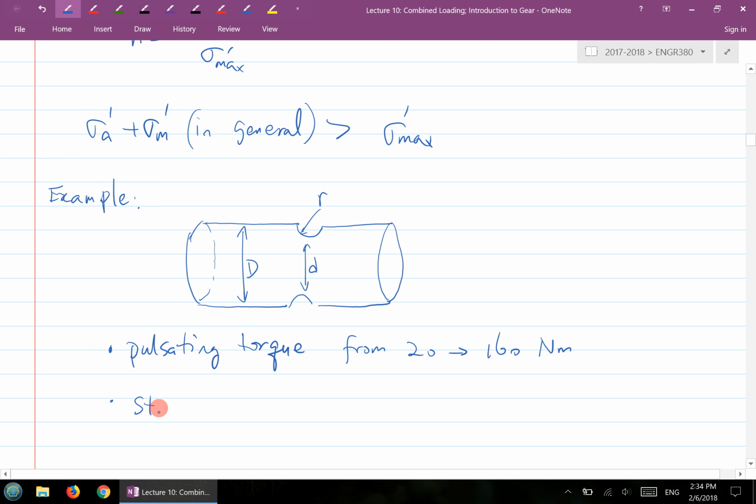At the same time, it has a steady bending moment of 150 newton meter. And the shaft is a stationary shaft, so it's not rotating here.